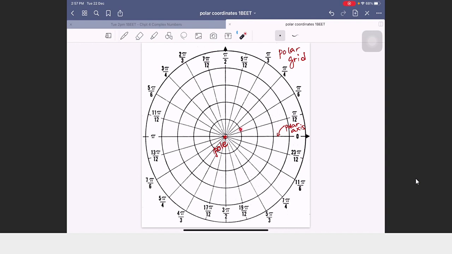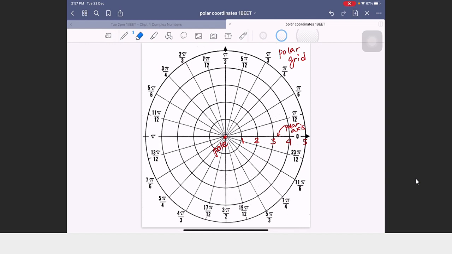Assuming this is your first circle, it has a distance of 1 unit. This is a distance of 2 units from the pole. This is 3 units, this is 4 units, 5 units from the pole, etc. So distance can be many.